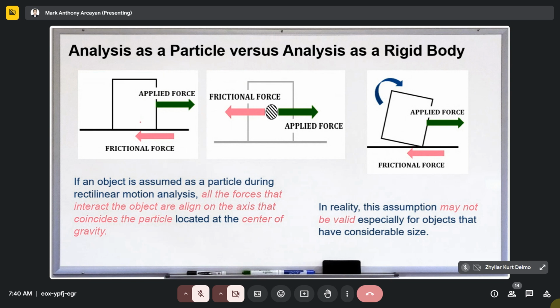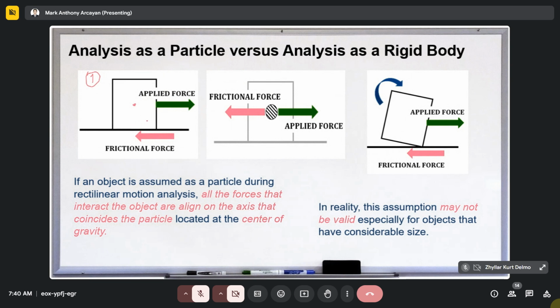However, that is not the actual case. Like, for example, in this first picture, we will assume that the applied force shown in green arrow is directed at the center of gravity.